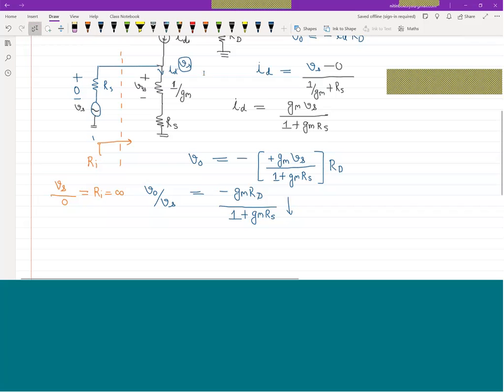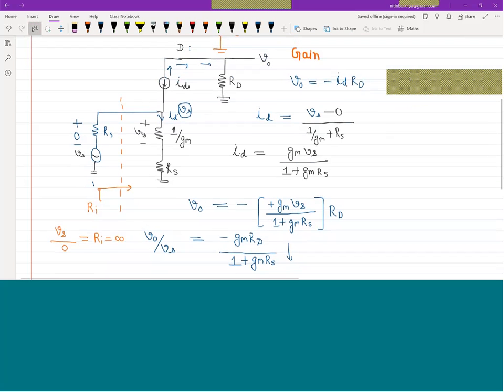And what is the value of Rd? I can say the value of Rd is equivalent to this Rout. Rout is found by making VGS equal to 0. If VGS is equivalent to 0, you can say this current is equivalent to 0.